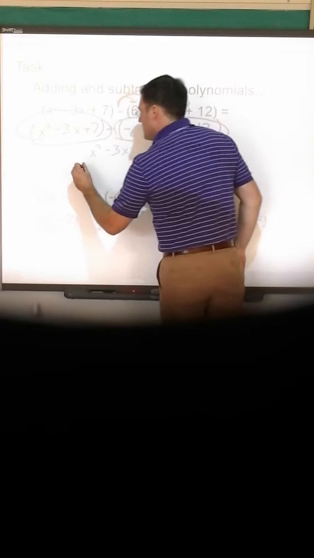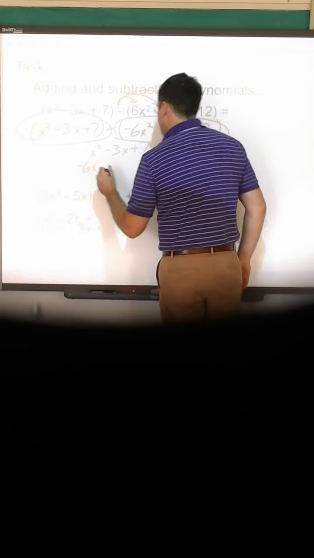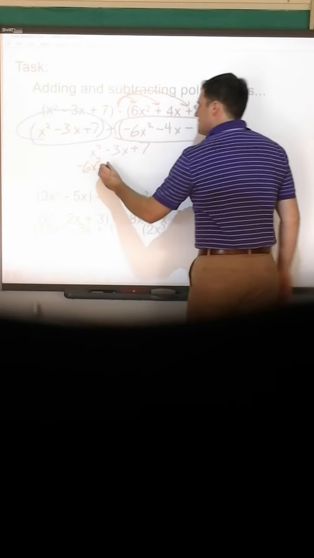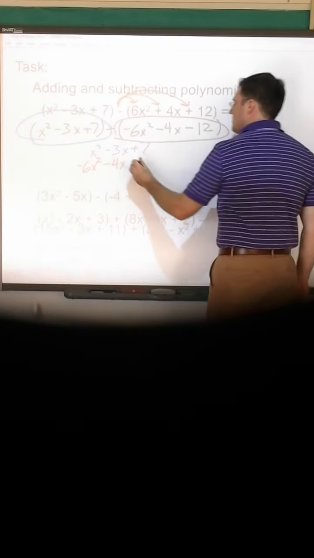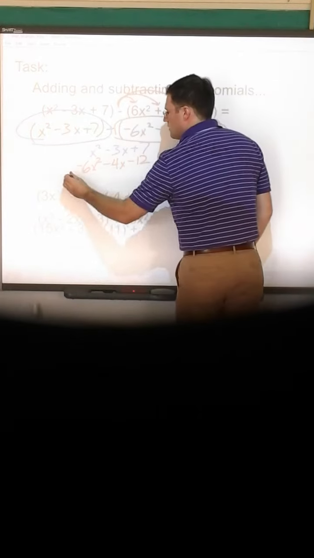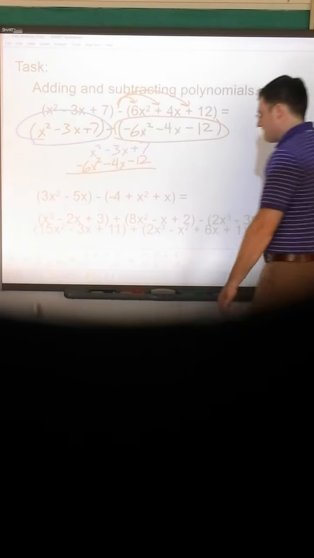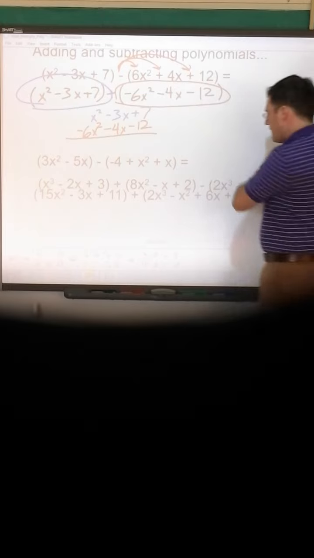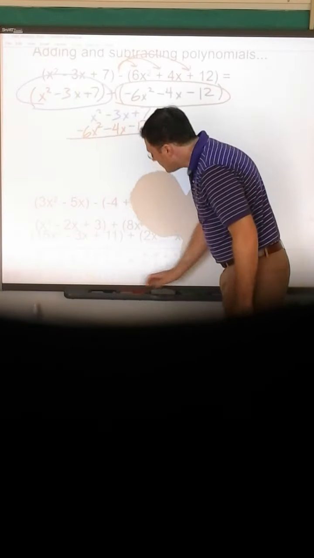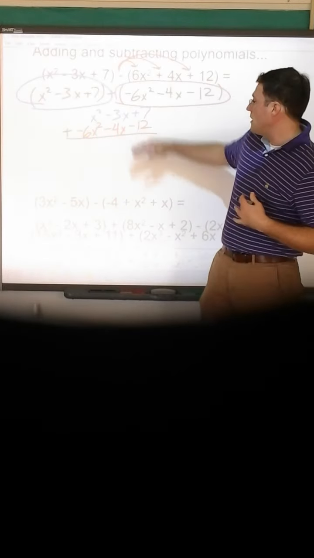Okay, so I have negative 6x squared minus 4x minus 12. Now we're just going to add these together.